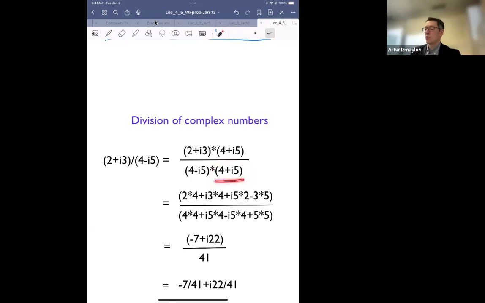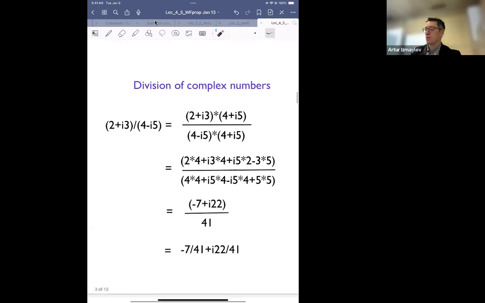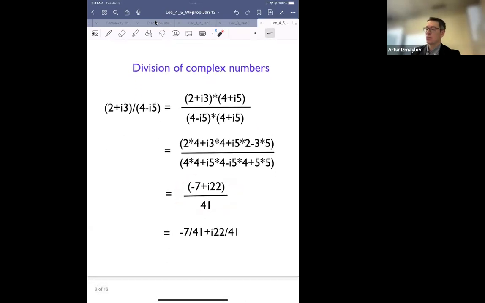What this allows us to do is to get a completely real positive denominator, 41 in this case. And then, to keep things the same, we multiply the numerator by the same factor. That gets us all the complexity only in the numerator. Then you just do the multiplication in the numerator, and you get a complex number, but the denominator is real and positive, so you get the answer written as a real plus imaginary part.